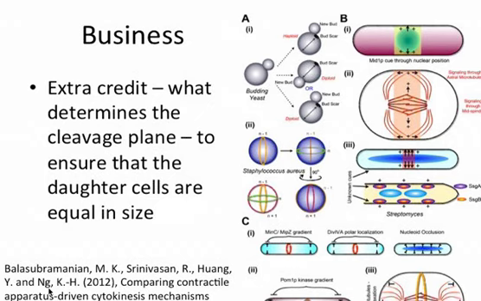And in some bacteria, each division was perpendicular to the one before, and that all has to do with these landmark proteins that bind in certain areas and help to position the future contractile ring.